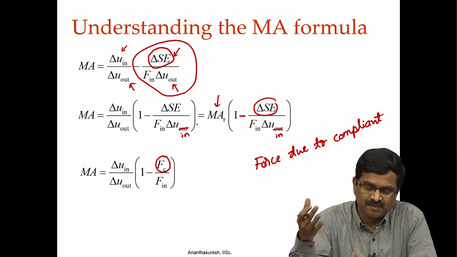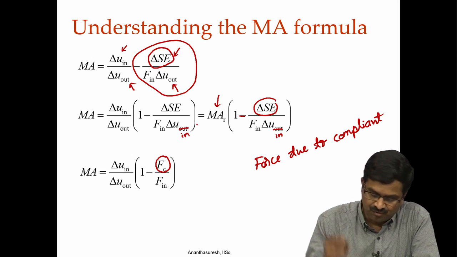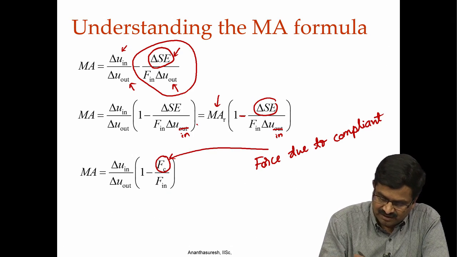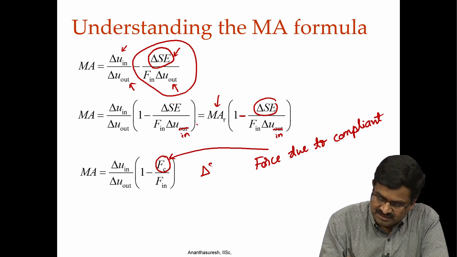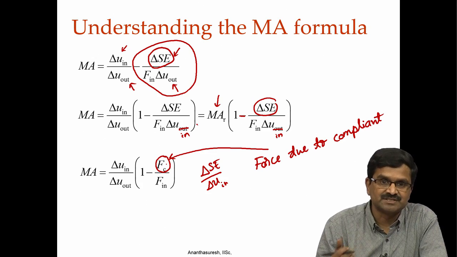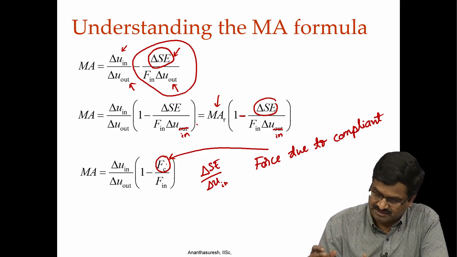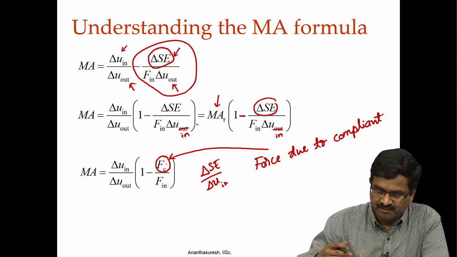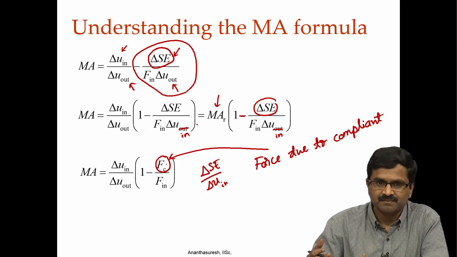Basically, motion comes in a compliant mechanism because of elastic deformation, force is needed, that is what they call FC. And FC, if you see from the formula here, is delta SE by delta U in. Okay, that is what they define as FC, force that is needed to just deform the compliant mechanism, so that you can make contact with the workpiece.